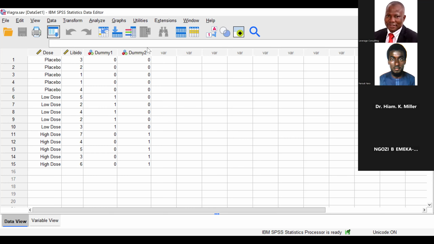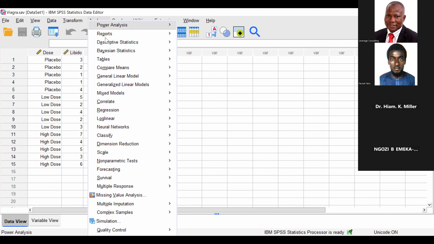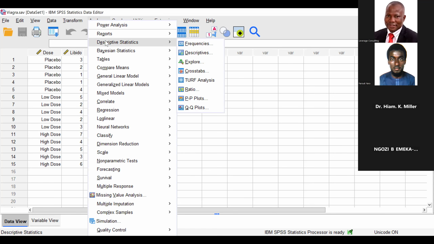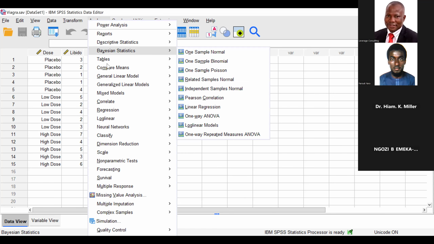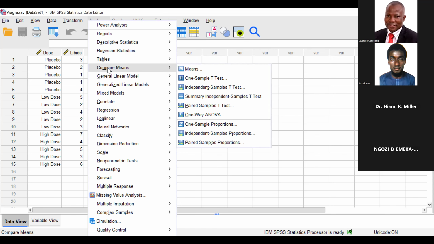So if you want to do the analysis, you now say analyze, compare means, and you will see under it one way ANOVA.